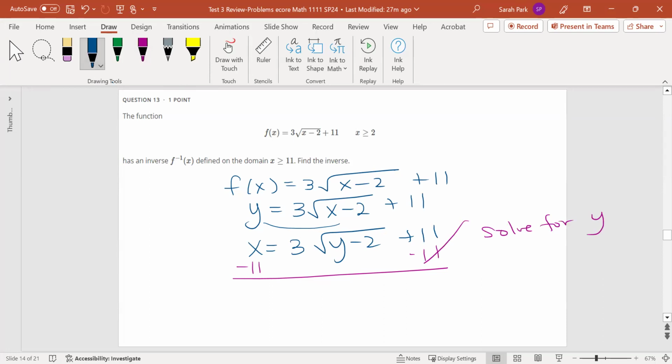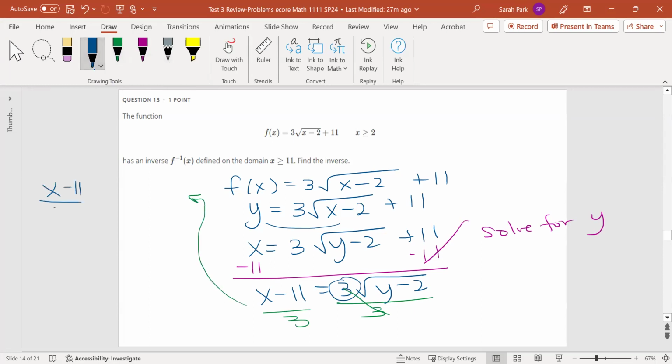And we get x minus 11 equals 3 square root of y minus 2. We need to get rid of this 3 first by dividing it away on both sides. I'm going to carry it here since I'm running out of space. So we have (x minus 11) over 3 equals square root of y minus 2. Okay, we take the square root off first by raising both sides to the power 2.